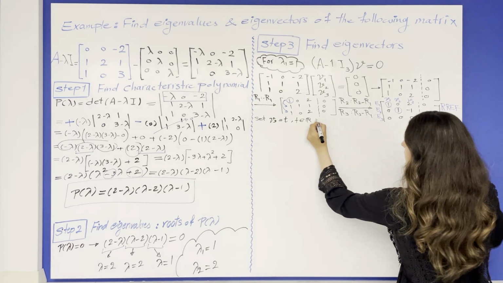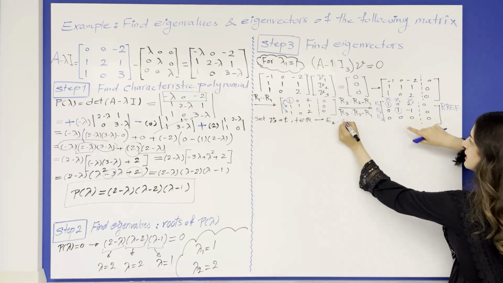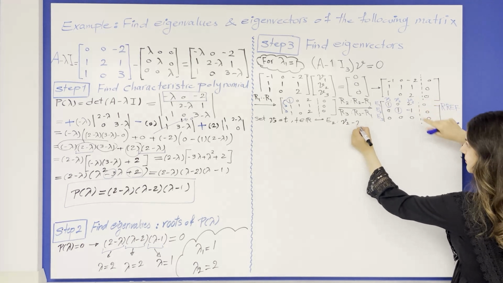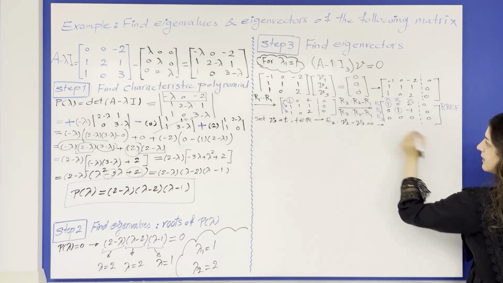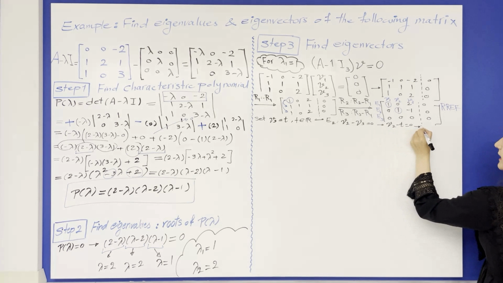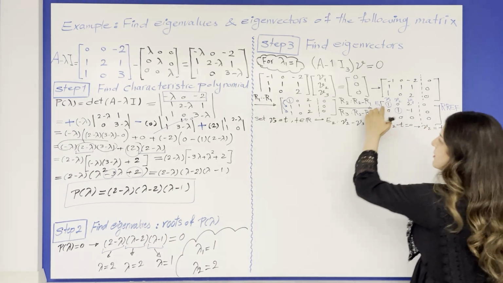So from equation 2, I have 1 times v2 minus 1 times v3 equal to 0. And I know that v3 is t. So I have v2 minus t being 0. So I get v2 to be t. Similarly, I use equation 1.